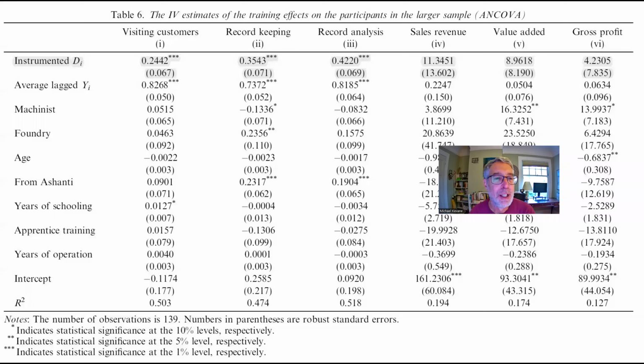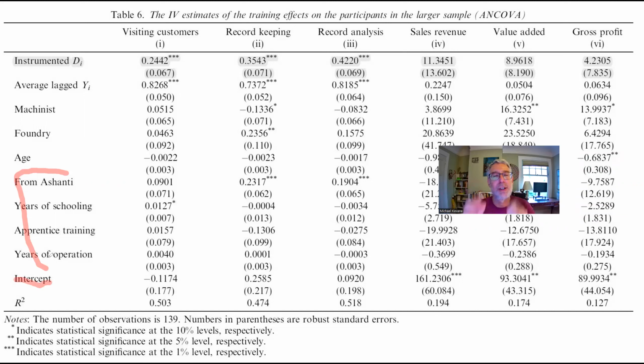A simpler table with a lot of explanatory variables. Here's where many of these explanatory variables are not of interest to the reader. This is an estimate of the training effect. So many of the explanatory variables, as you notice down here, are not significant, and the reader isn't really interested in them. The reader's certainly not interested in the intercept.